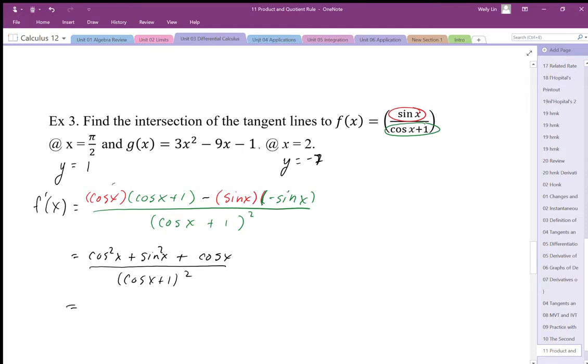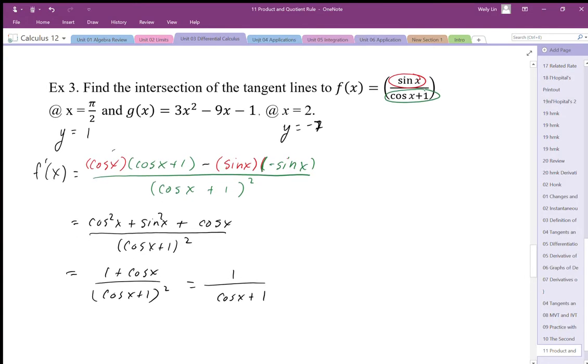When I simplify this further, I get 1 plus cos x in the numerator, and cos x plus 1 squared in the denominator. So this even further simplifies to 1 over cos x plus 1. Just double checking my signs: that should be negative, negative, so that is a positive. And there's my derivative.